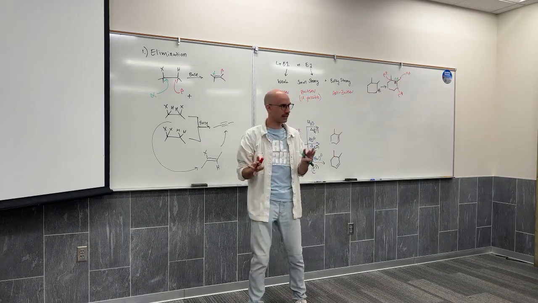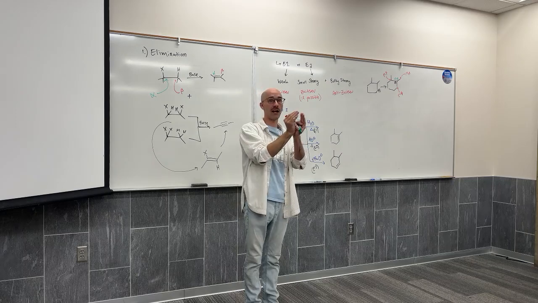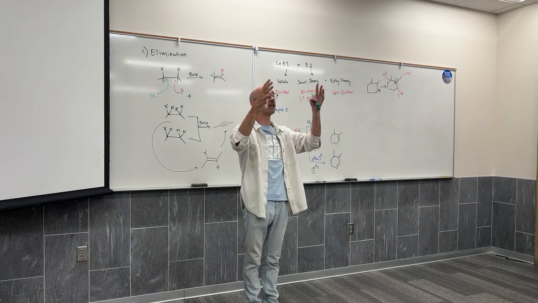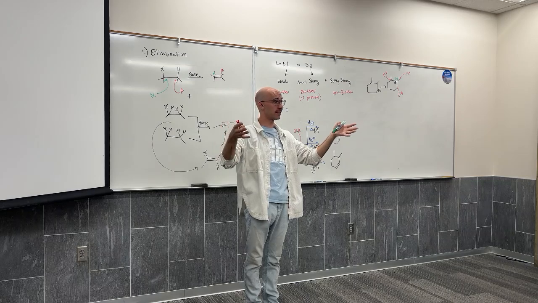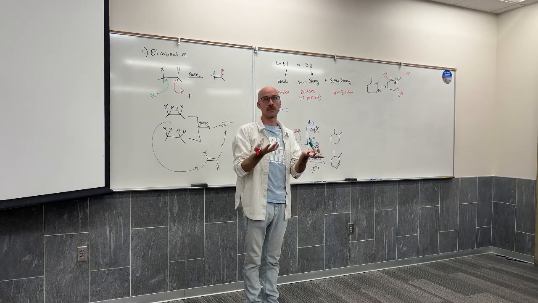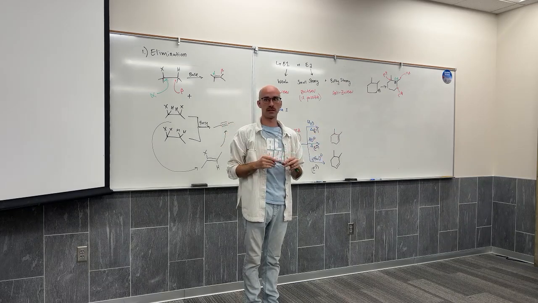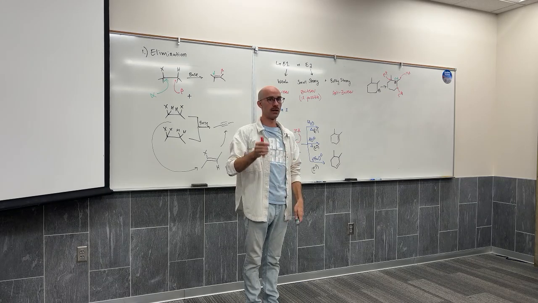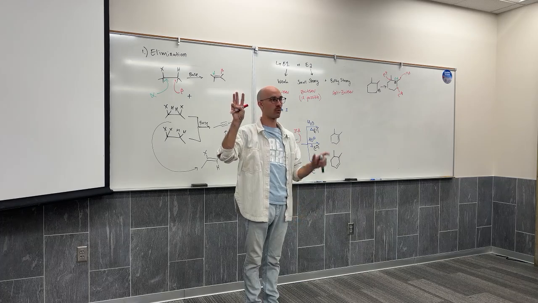Are you guys okay with this idea that we have scoped out the alpha carbon? By knowing its degree of substitution, we know how many beta positions exist, and then we just describe the beta positions. Where will the most substituted alkene form? Between the tertiary alpha and what beta?